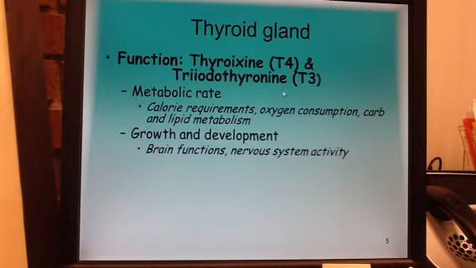If we think about T4 and T3, the main functions of those hormones are metabolic rate, which then impacts calorie requirements, oxygen consumption, and carb and lipid metabolism. And then also it's extremely important in growth and development, brain function and nervous system activity. So much so that if a child is born without a thyroid gland, they will be mentally retarded unless thyroid hormone is instituted at birth.